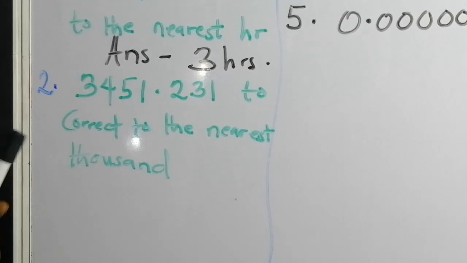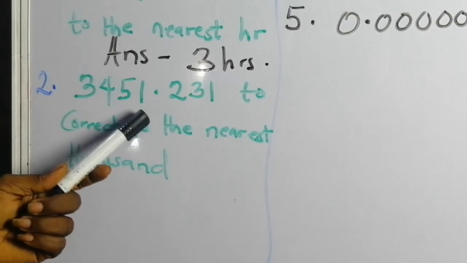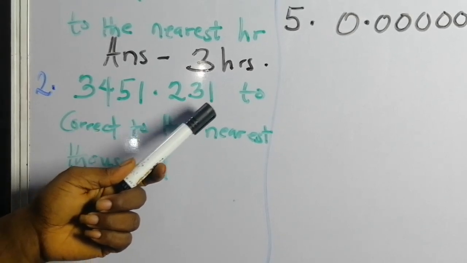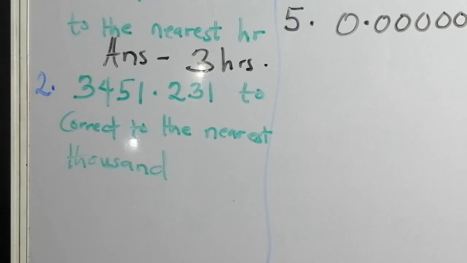So for example 2, they said 3451.231 correct to the nearest thousands. Don't forget, when we were growing up, we were taught about hundreds, tens and units, which was also mentioned above.